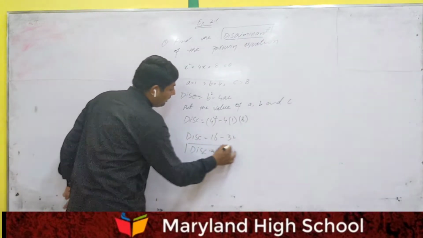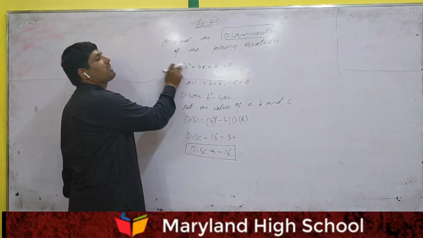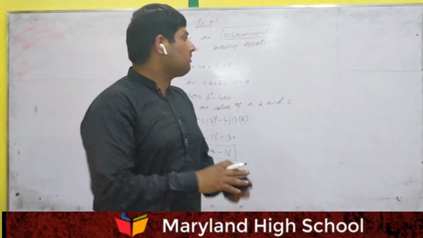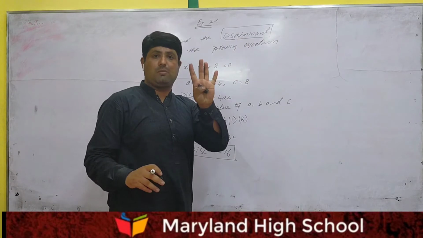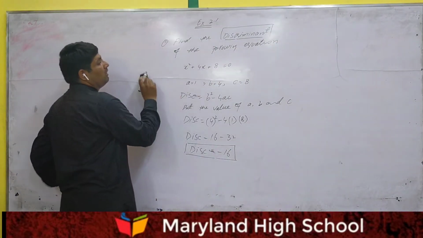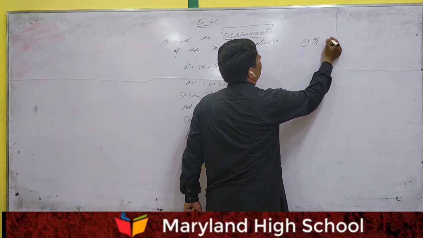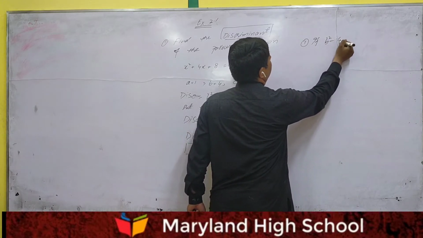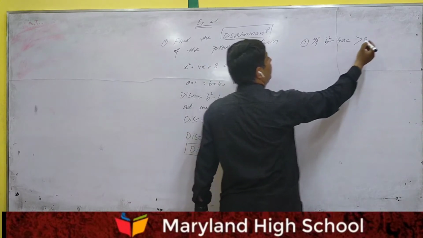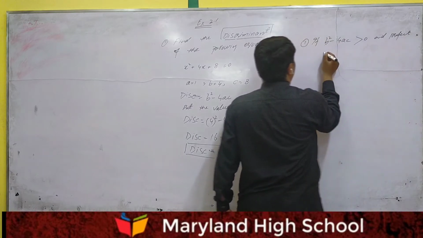And the disk also defines the nature of this equation. For the discriminant and the nature of the equation, follow the 4 rules. The first rule, if b square minus 4ac is greater than 0 and perfect square.